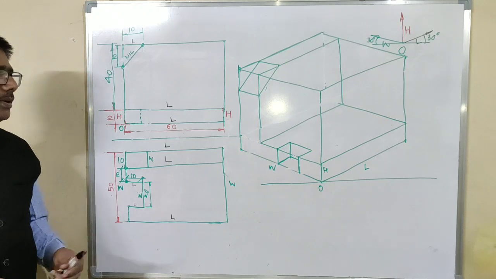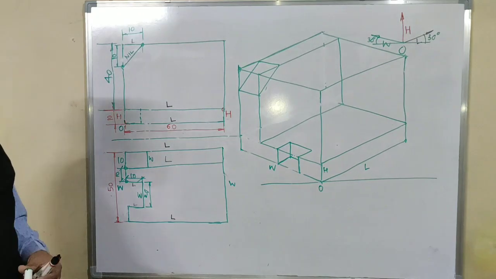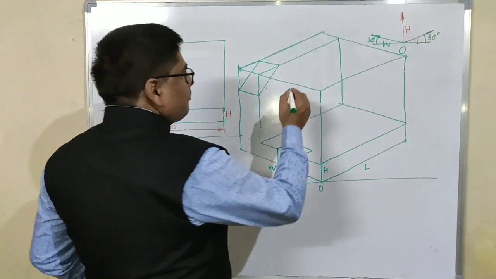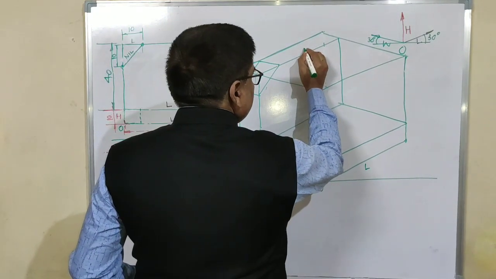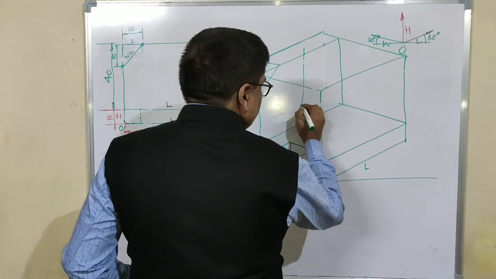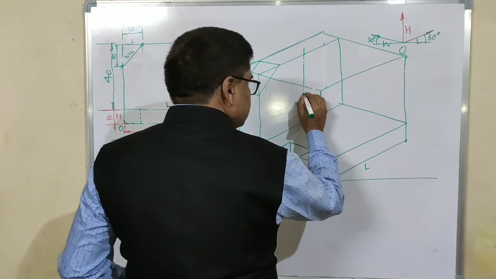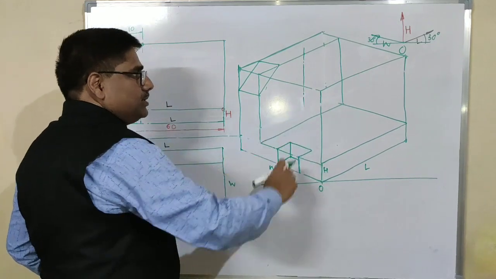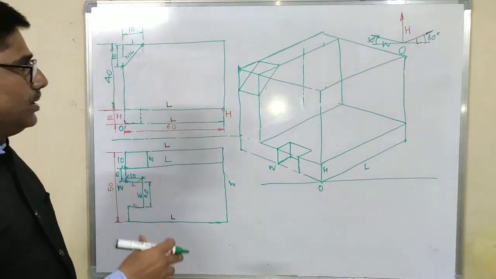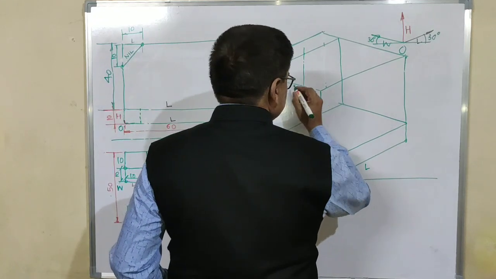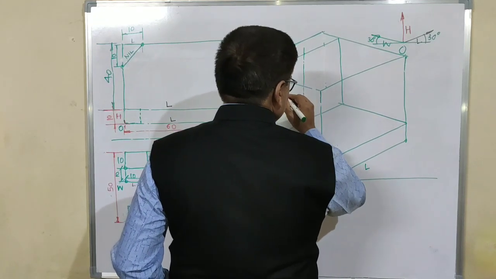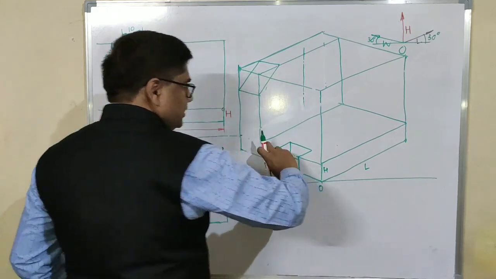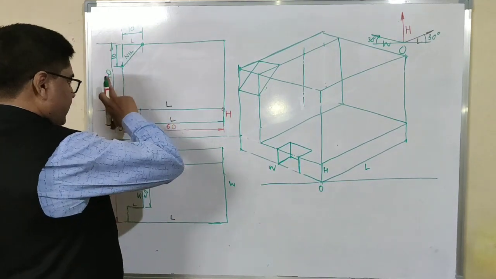Again we will go for further modification. See, this plate, let us give some additional feature, that is a drilled hole inside this part. See, this 10 is deducted from total height 50.